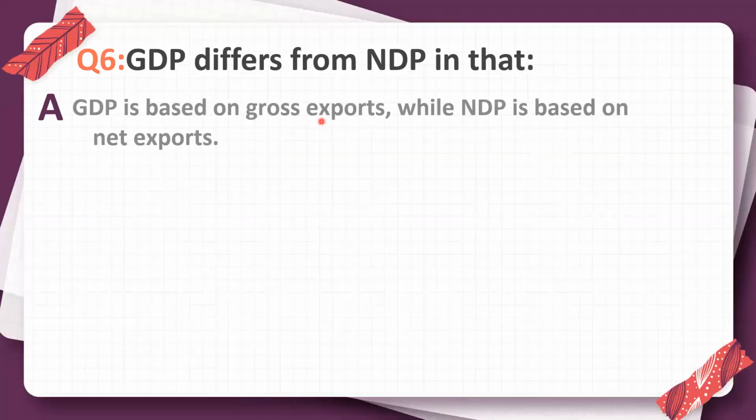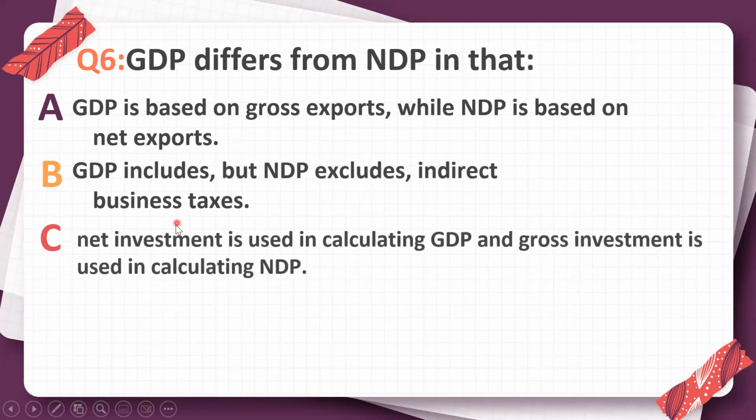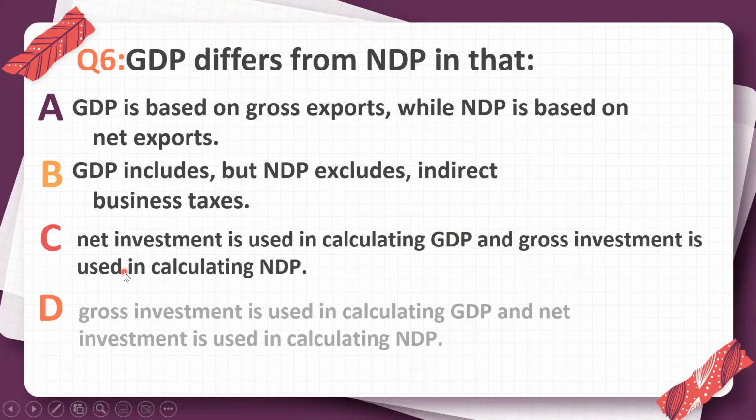So GDP differs from NDP, and GDP is based on gross exports, while NDP is based on net exports. Not right. B. GDP includes, but NDP excludes indirect business taxes. C. Net investment is used in calculating GDP, and the gross investment is used in calculating NDP.